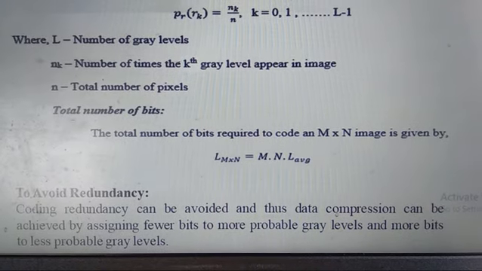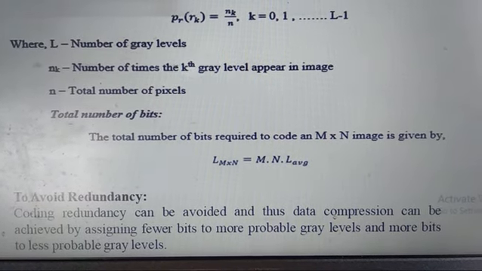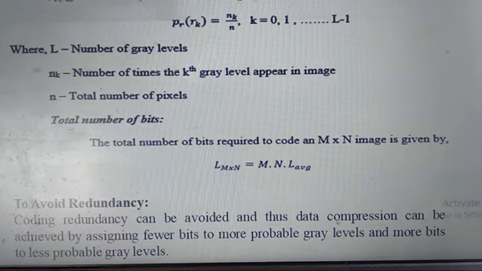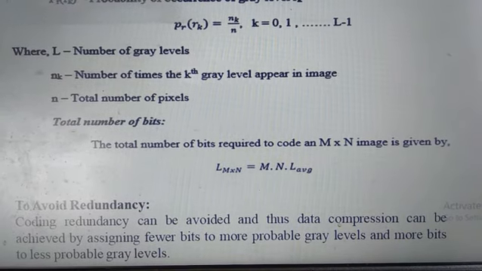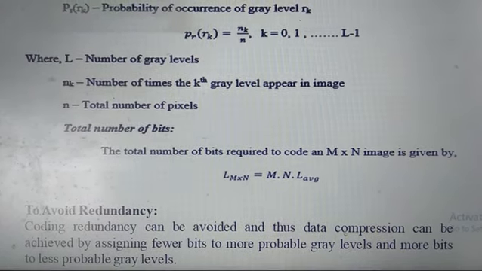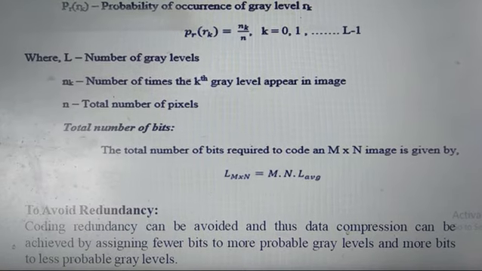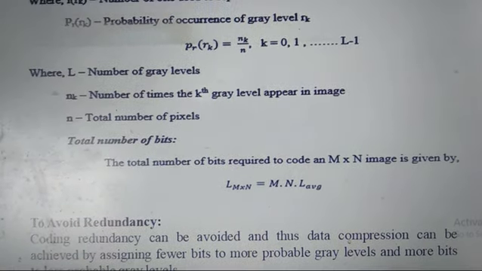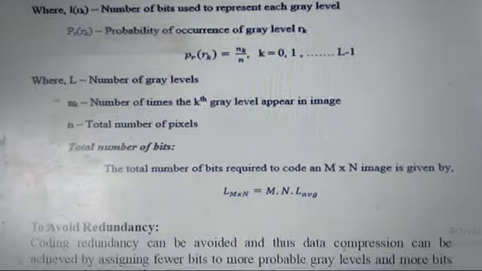Coding redundancy can be avoided, and thus data compression can be achieved, by assigning fewer bits to more probable gray levels and more bits to less probable gray levels. So this is coding redundancy.